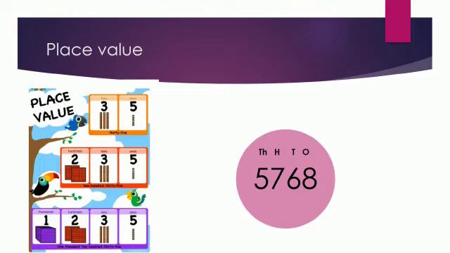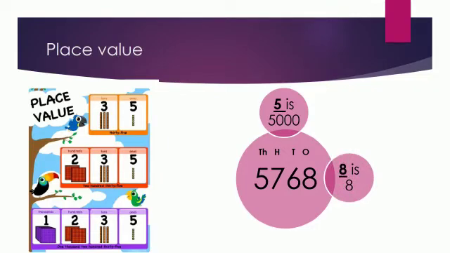First and foremost, write down the place value on the numbers starting from the right hand side. That would be a lot easier. So 5 is in the thousands place. So 5 into 1000 is 5000. So what is the place value of 5? 5 is 5000.